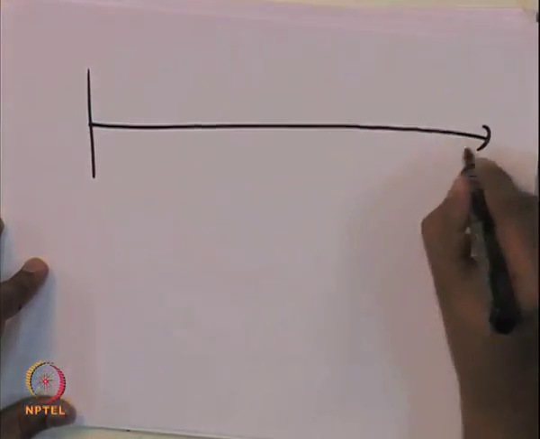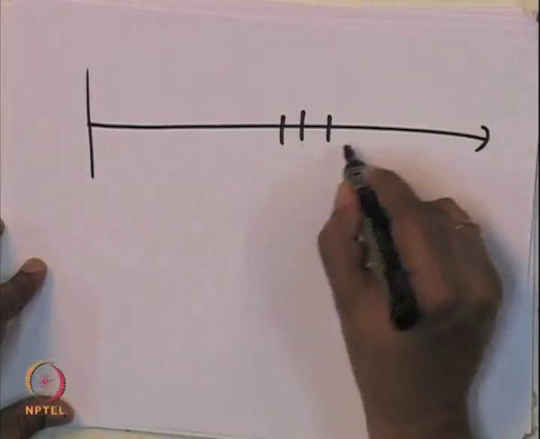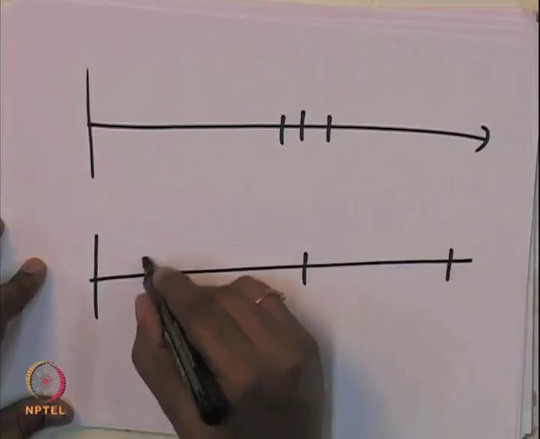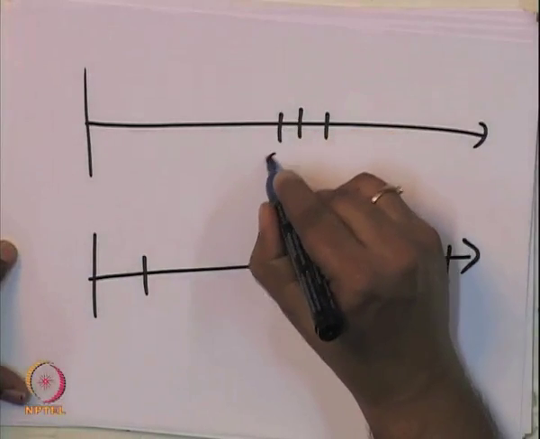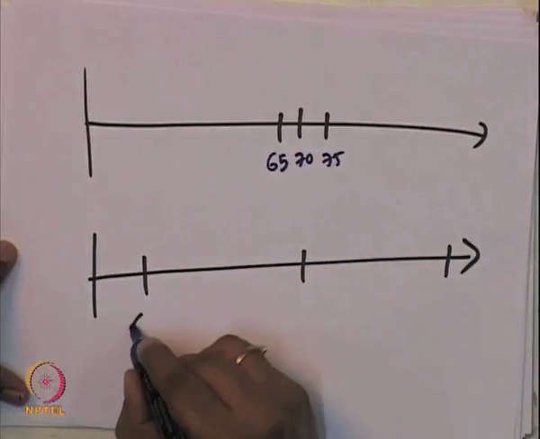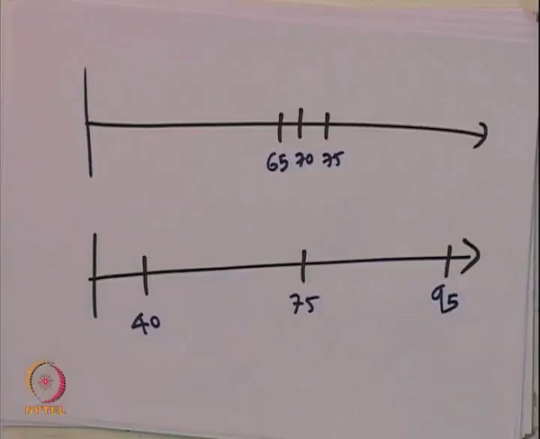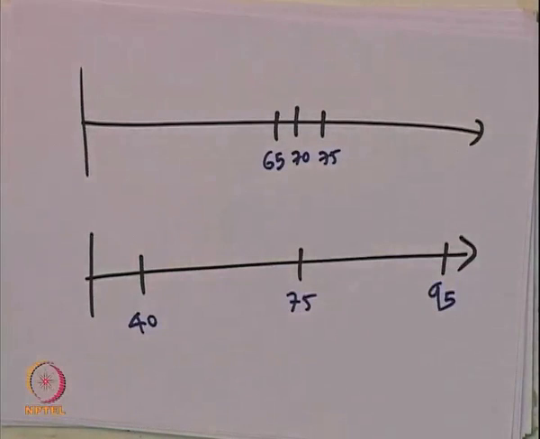Looking at the two cases we had here, in the first case we had 3 marks very close: 65, 70 and 75. In the second case it was 40, 75 and 95. These were very far, and the first is very close to each other.